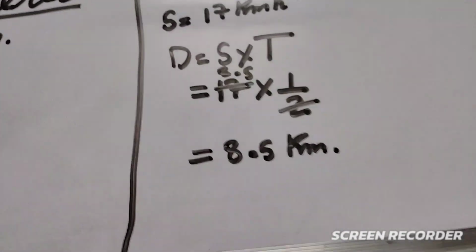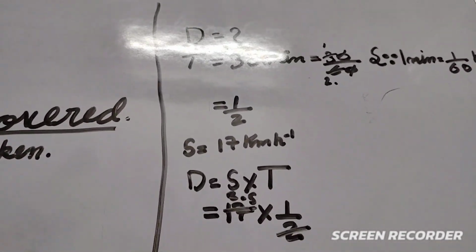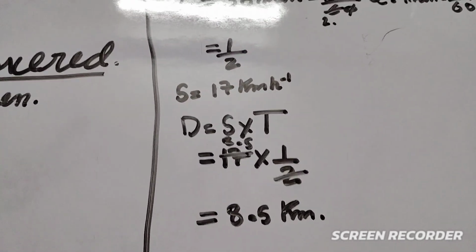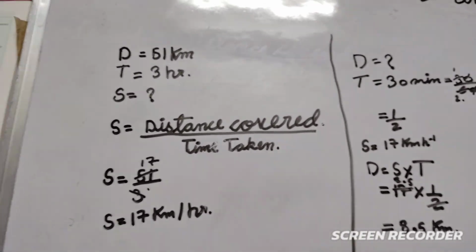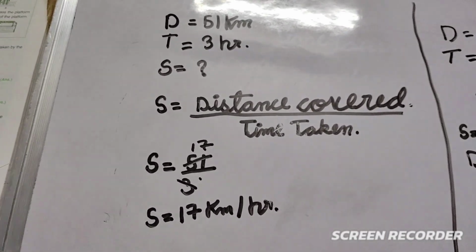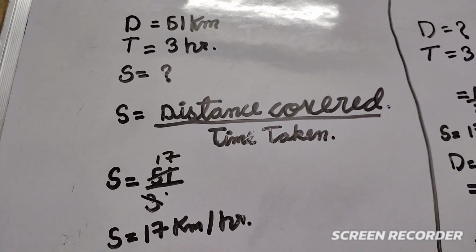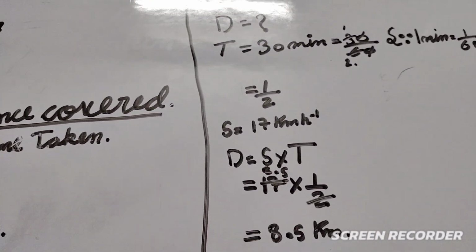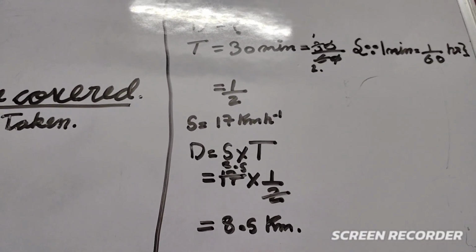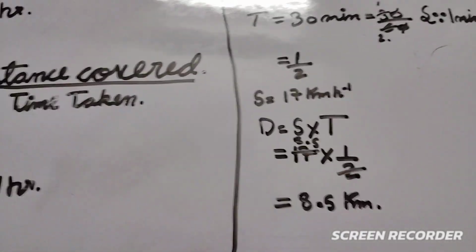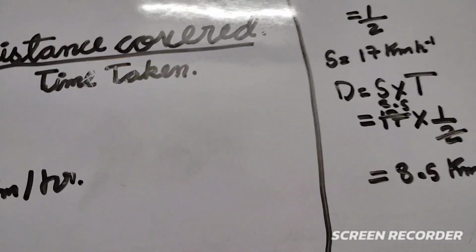So we have to figure out the distance in 30 minutes and the speed. This is the first part, taking out the speed, and this is the second part, to take out the distance in 30 minutes. The reflection is done, and now we will do the second question.